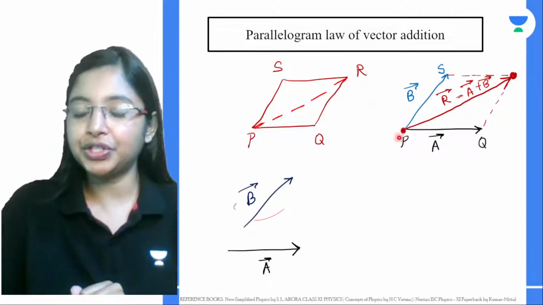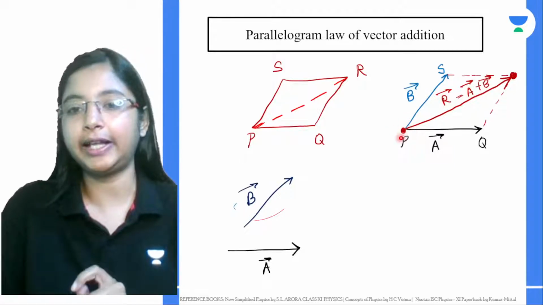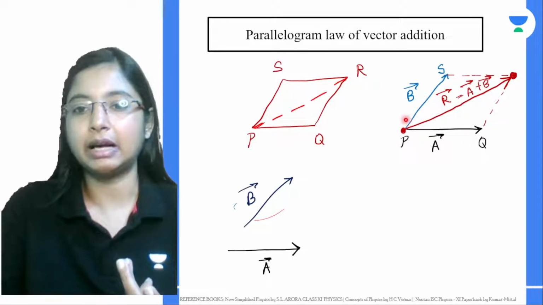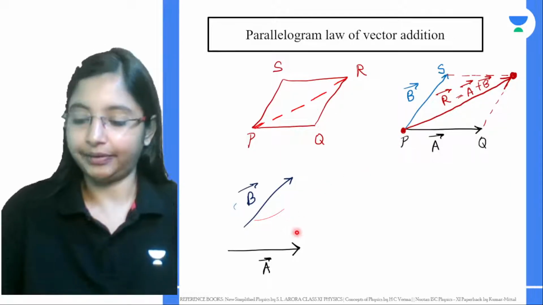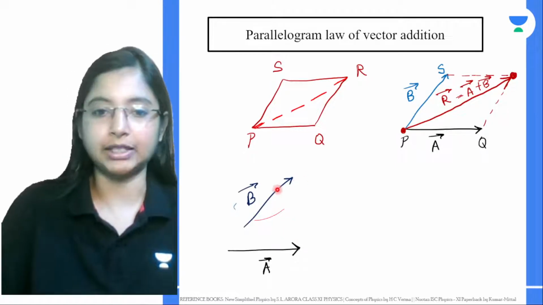They're both starting at the same point over here. This is the initial point, the tail end is the same. Once again, if you have any doubts, you can ask me in the chat box.